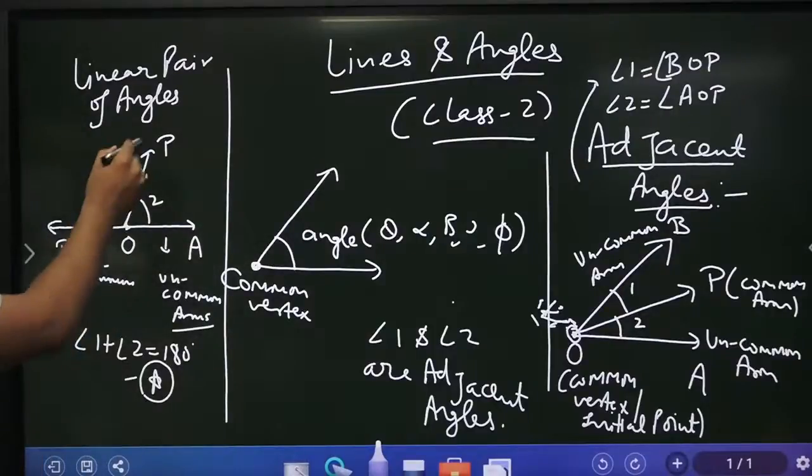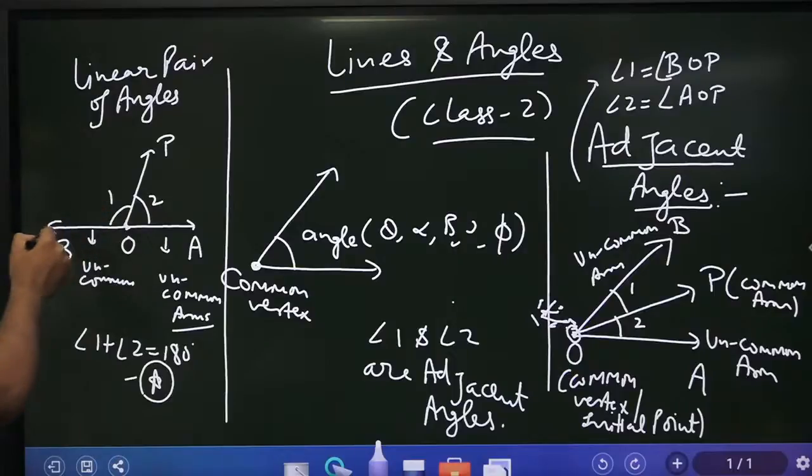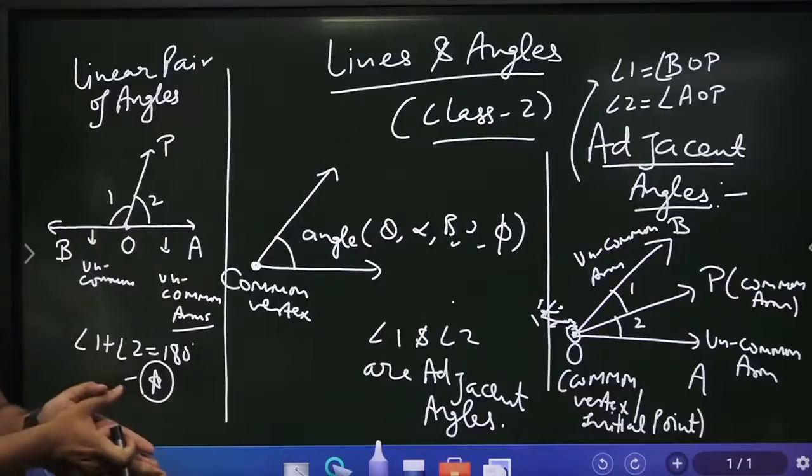Similarly, here also angle 2 is AOP or POA, and angle 1 is BOP or POB, one and the same thing. We are not going to do the proof here because proof is not important for us. So we can say two adjacent angles form a linear pair if they are supplementary.